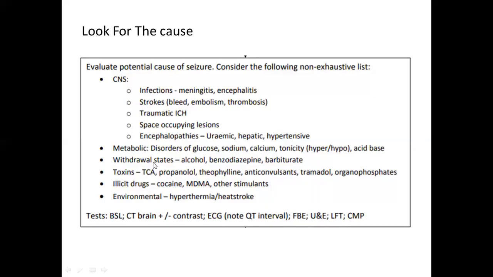Toxicological issues like drug withdrawals and overdoses: TCA, benzo withdrawal, alcohol withdrawal. Toxins like TCA, propranolol, theophylline, anticonvulsants, OP, and some illicit drugs like cocaine can also cause convulsions. And temperature issues like heat stroke and hypothermia. Those are the main underlying causes of status.